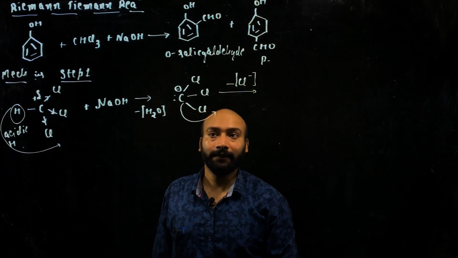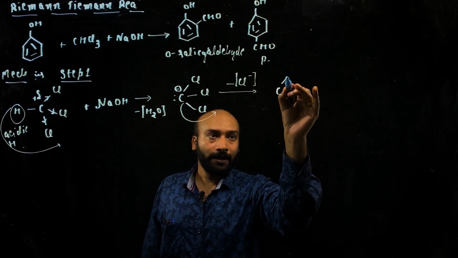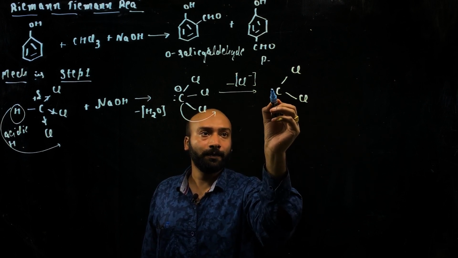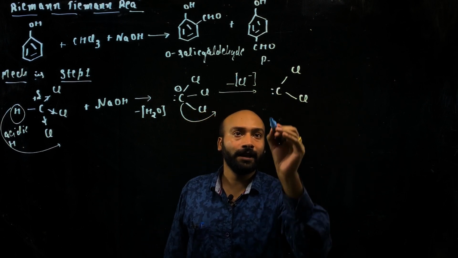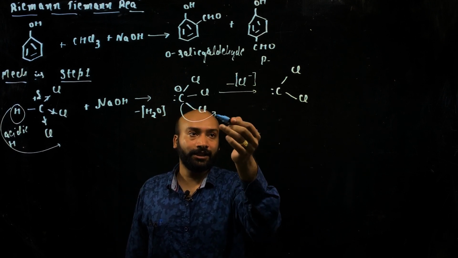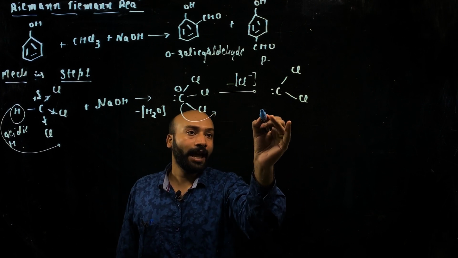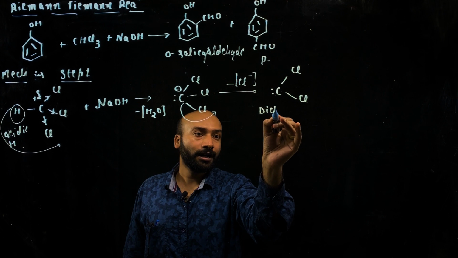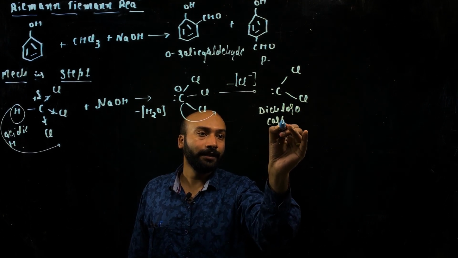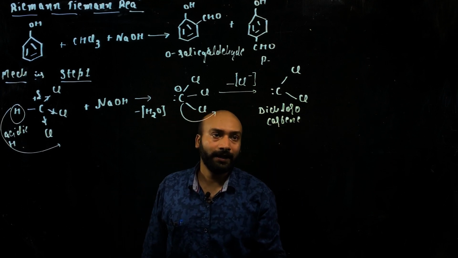When Cl negative is released, the carbon becomes neutral, and one lone pair is retained as before. So this is our intermediate, which is known as dichlorocarbene. It works as an electrophile.